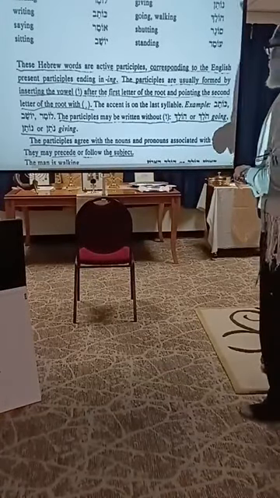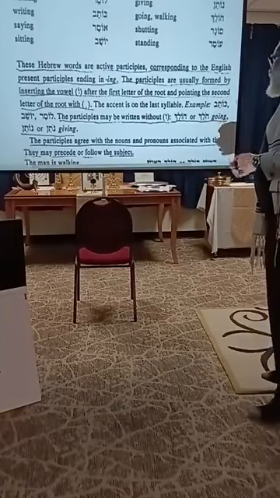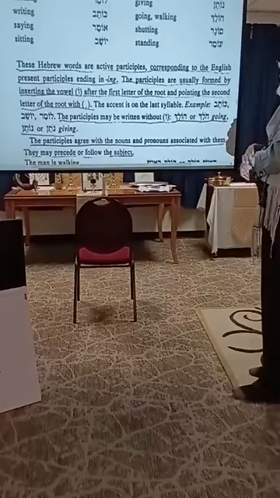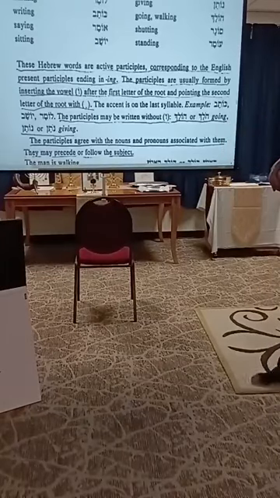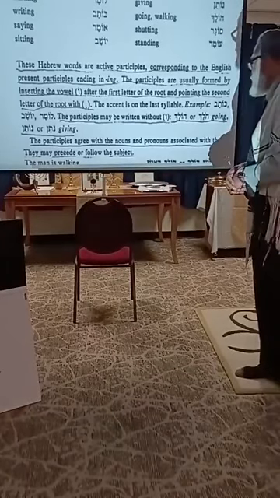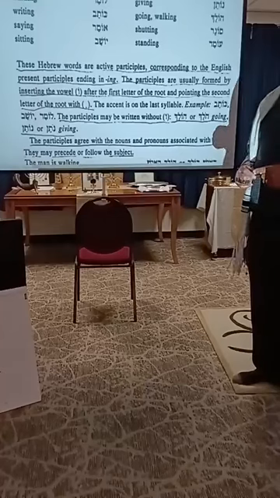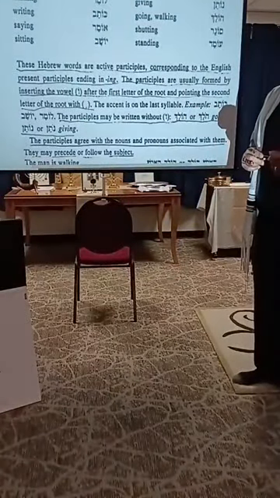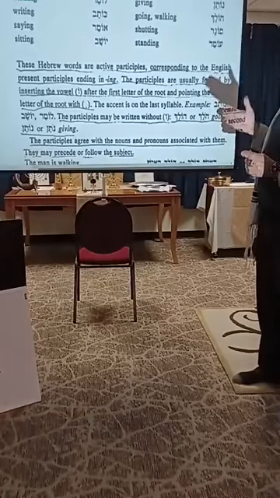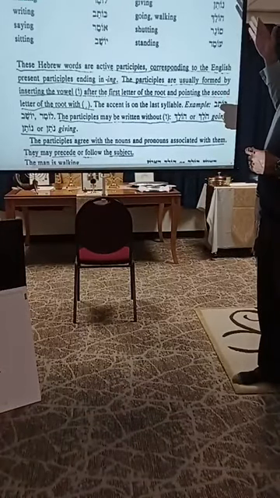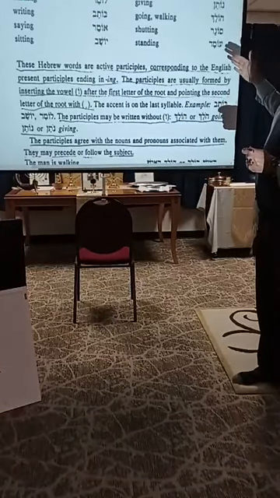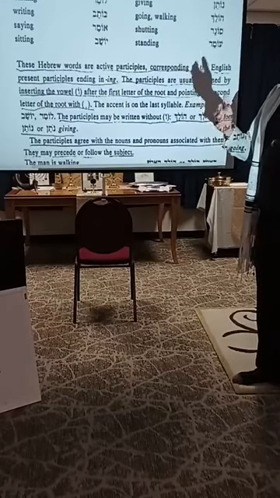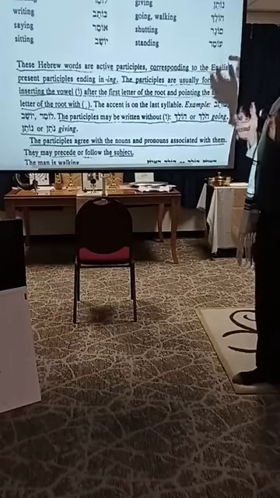Now, the participles agree with the nouns and the pronouns associated with them. So basically, if you have a word that has a plural, you will have to make that active participle have the same plural designation as the noun or the pronoun.